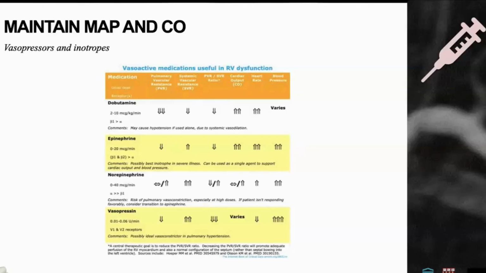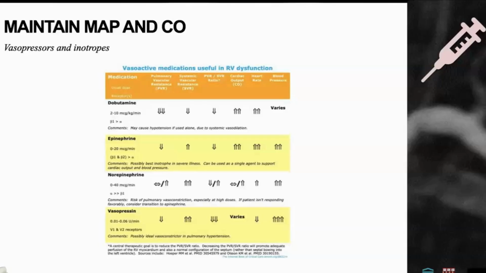What you really want, the ideal pressor in cases of RV failure, is one that decreases your pulmonary vascular resistance but increases your SVR. By doing that, it'll allow the RV to flow forward, but it'll still maintain that peripheral pressure to maintain your MAP and perfuse your organs.